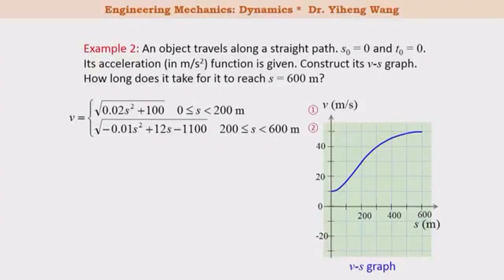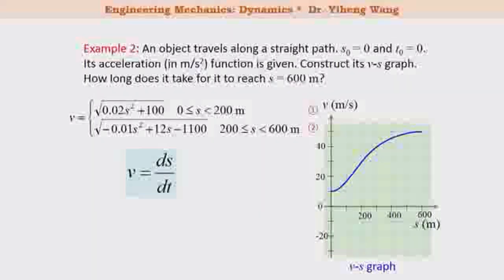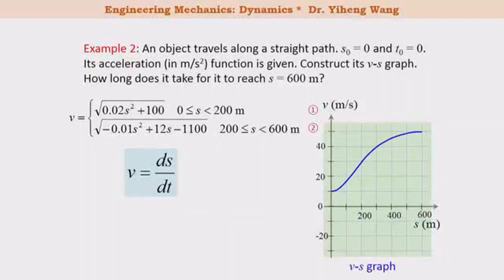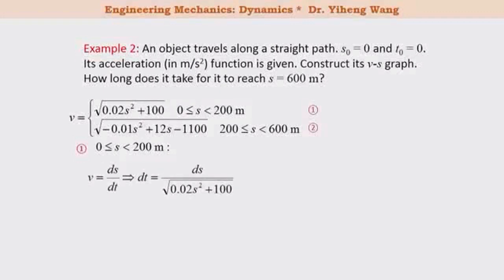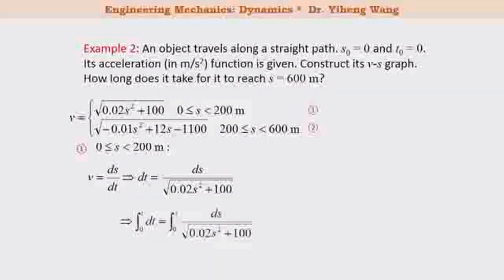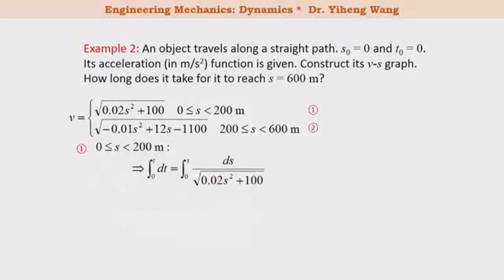And let's move on to the second part of the problem. To determine at what time the object reaches the position of 600 meters, we need to use this equation, v equals ds dt, because we have the v-s relation already, and we need to find time. So for the first period, we rearrange the kinematic equation and substitute in the velocity equation so we can integrate both sides again.